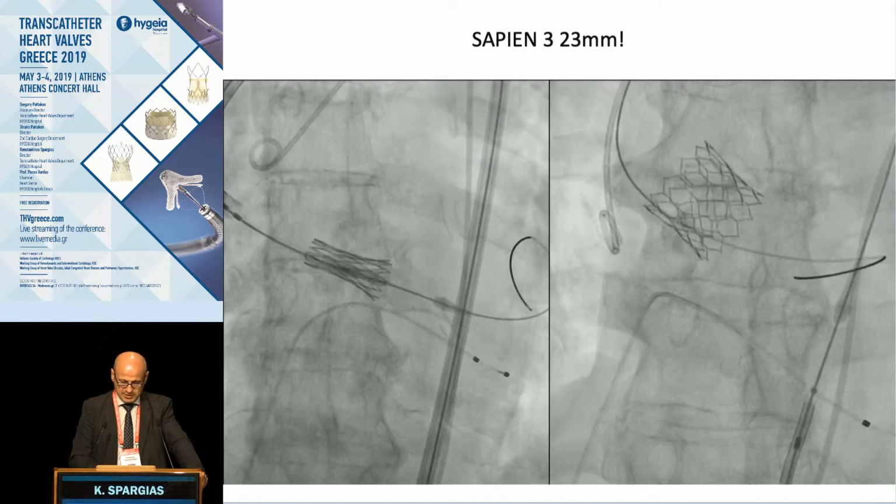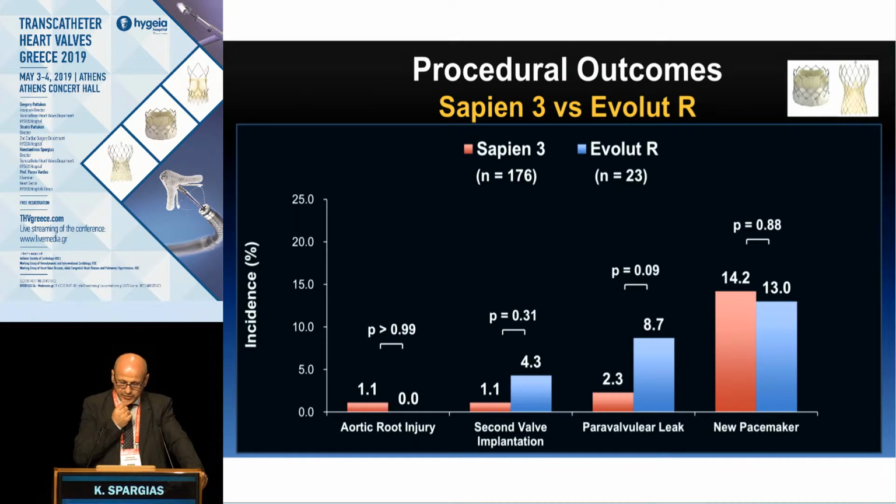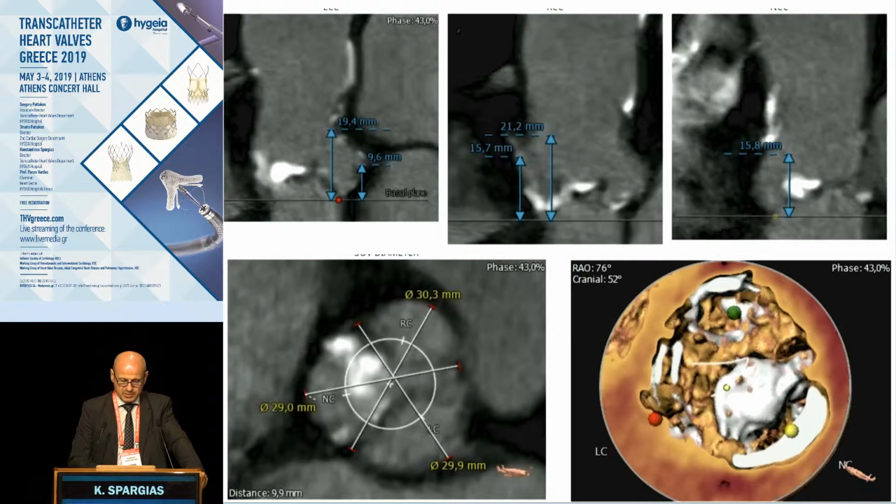So it was a good option, and we know from the latest data comparing Sapien 3 and Evolut R in bicuspid valves, with Sapien 3 we get less paravalvular leak and less likelihood to need a second valve, at the expense of a slightly higher annular rupture if we're not prepared well.